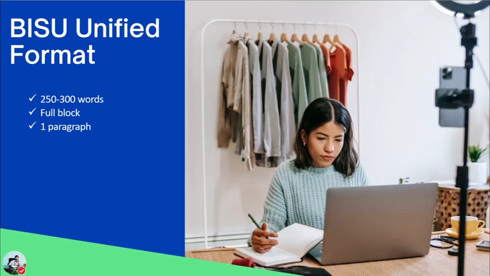And there's no citation also. This is one of the common mistakes of the students. They put in-text citations in the abstract, so that is not part of the BISO unified format. The information of the researchers must be written, like email, school, and contact number.